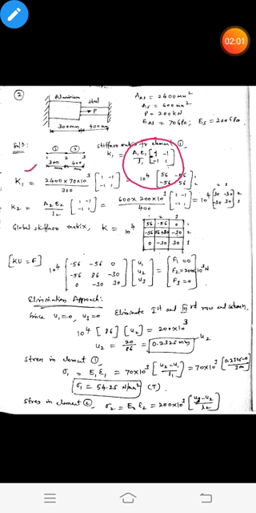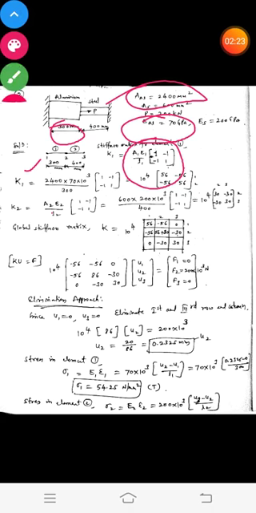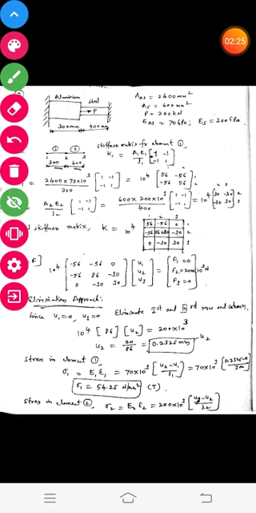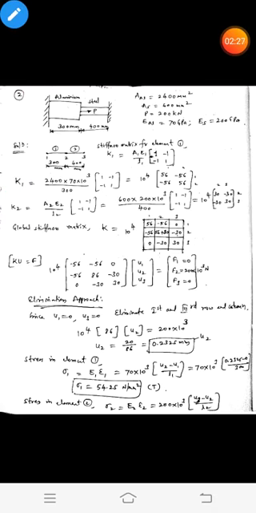Now K1 is equal to area of the element 1 given, that is for the first step 2400, and Young's modulus of the element 1, that is aluminium, 17⁻³, divided by L1, that is the length of the element 1, which is 300. After calculation we got 56 into 10⁻⁴.